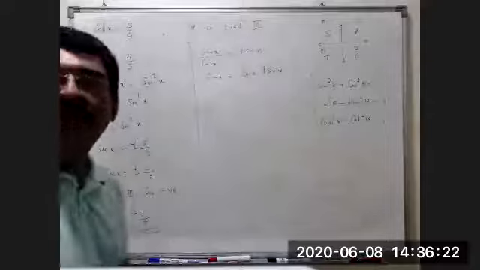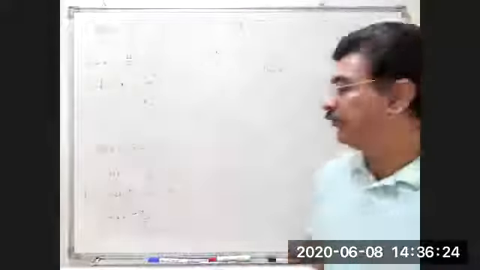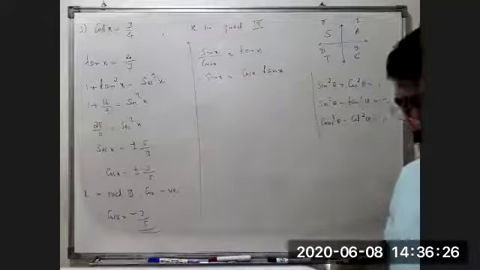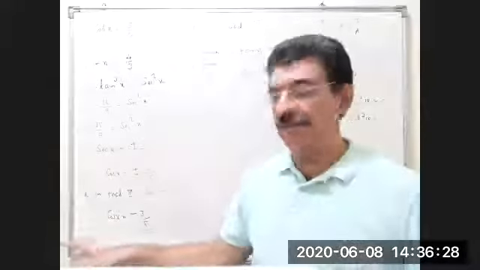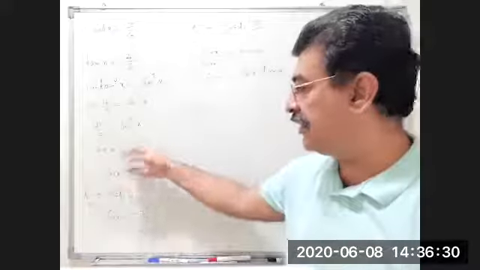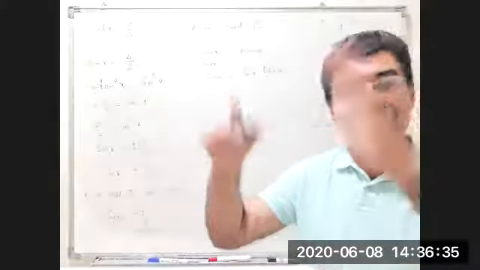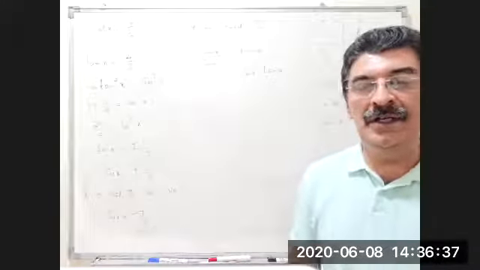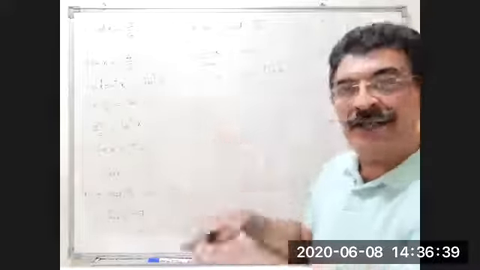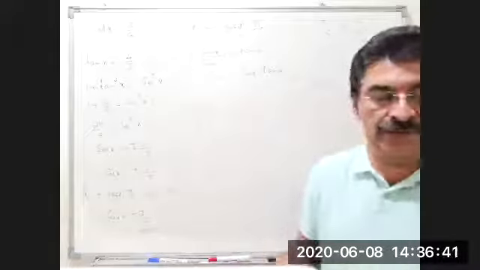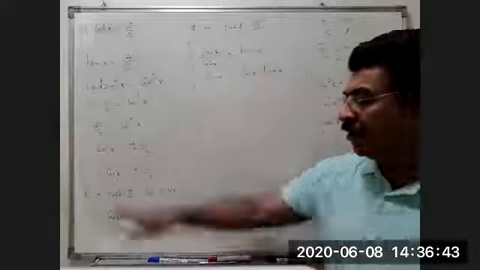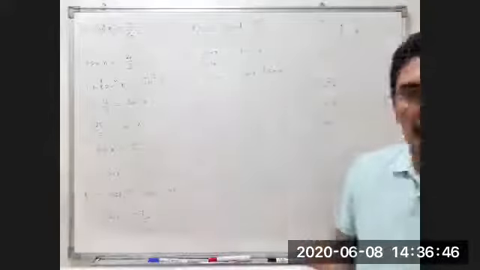Someone asked if sec is also negative. Sec is negative here, since cosine is negative. Instead of that, what we did is first find sine, cos, and tan, write them, then write the reciprocals in order.